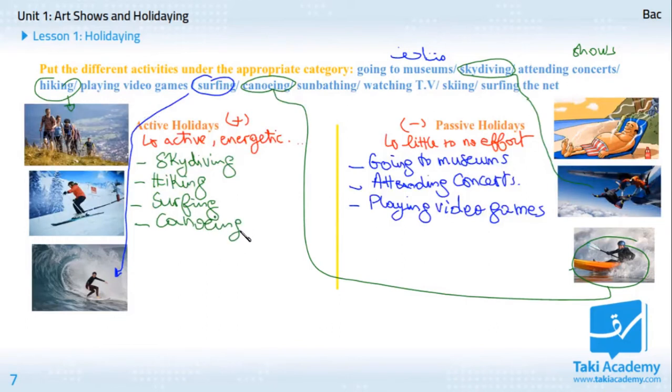Then we have sunbathing. This man right here is sunbathing. So he's just enjoying the sun, okay? He's not making any effort. So this is passive. Sunbathing. Then we have watching TV. Of course, this is absolutely passive.